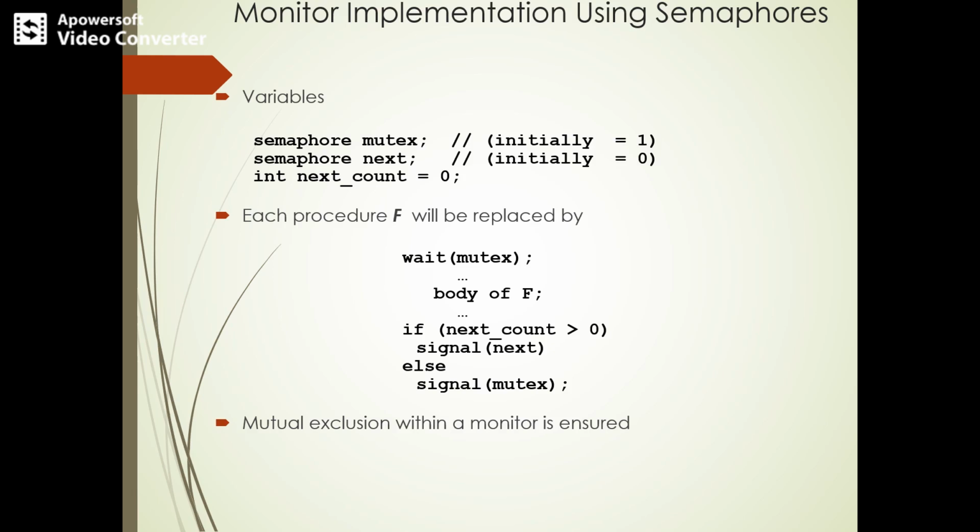So if the count is greater than 0, then you need to signal next. Next tells you about the signaling process which was made to wait until the resumed process either leaves.